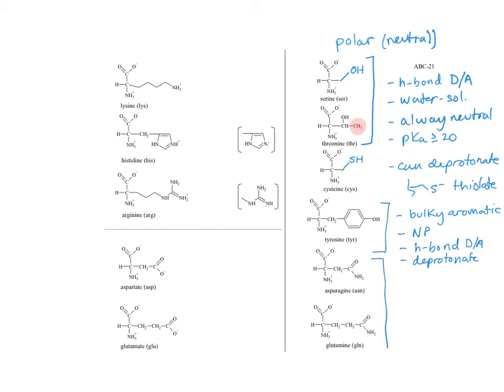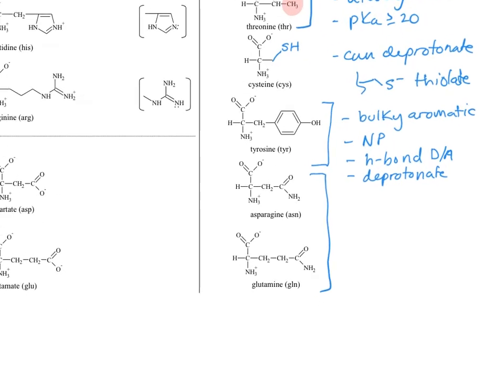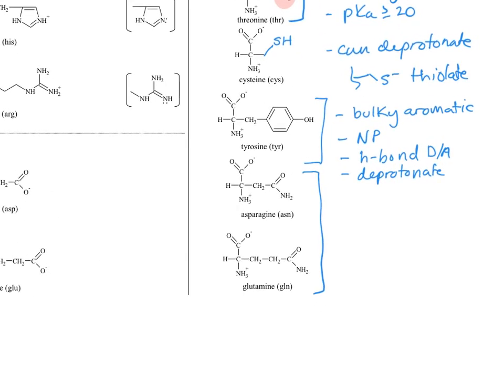And lastly, at the bottom of the page here, we have 2 that we think of as a group together. They're so similar to each other. Asparagine and glutamine, ASN and GLN for their 3-letter code. They have amide side chains, and make a note of that.